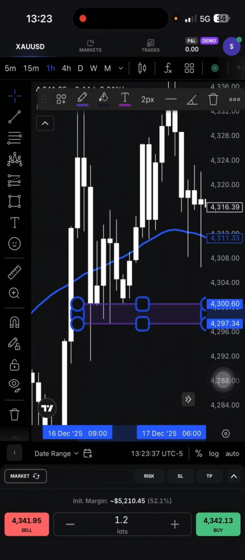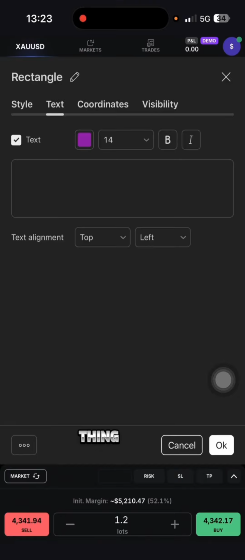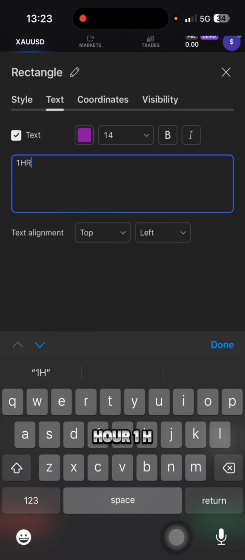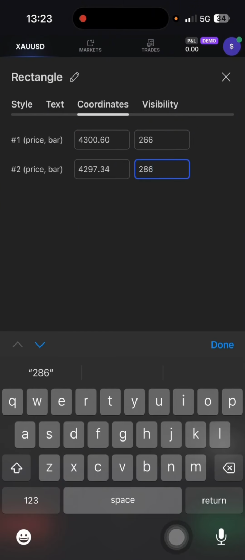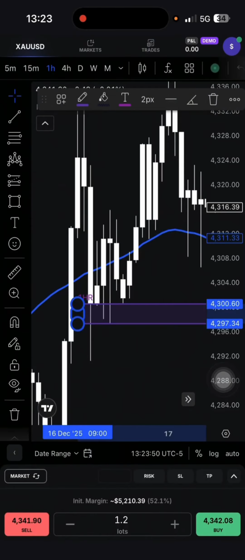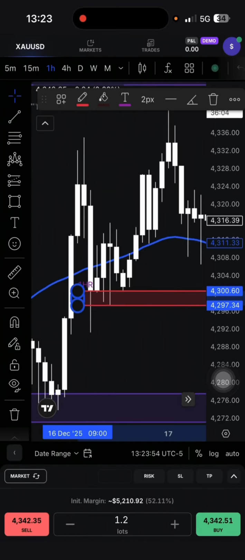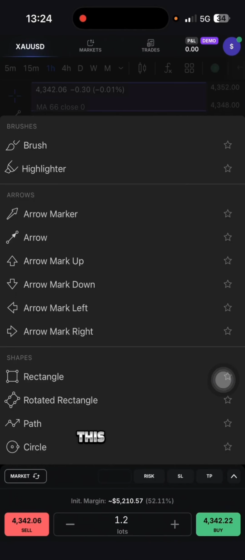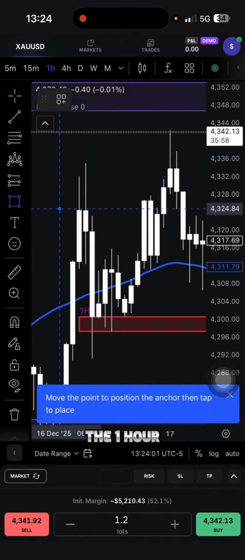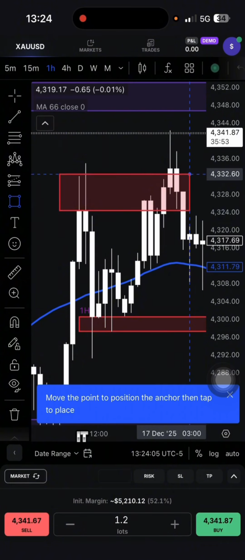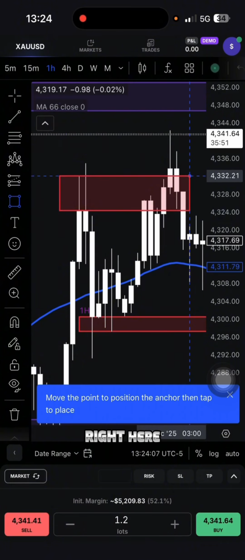You feel me? Then we do the same thing we do for the 4 hour. Label it 1 HR, and then we add a zero. For the 1 hour, I like to make my zone red. And before, this was the last high for the 1 hour, so I'll do it about right here.